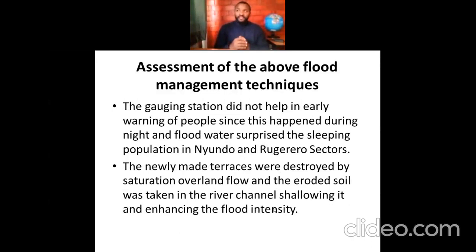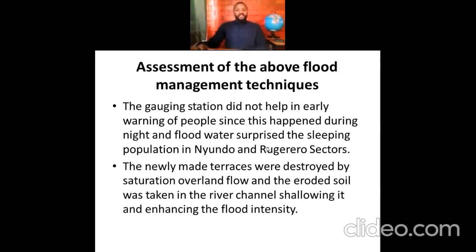When we come to assessment of each strategy here, gauging station did not help as much as it was expected because this flood happened in a surprising way when people were sleeping, so they were not able to get early warnings and move on time. That's why some of them woke up when they were surrounded by water already.